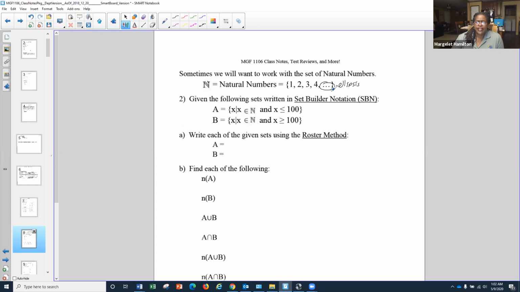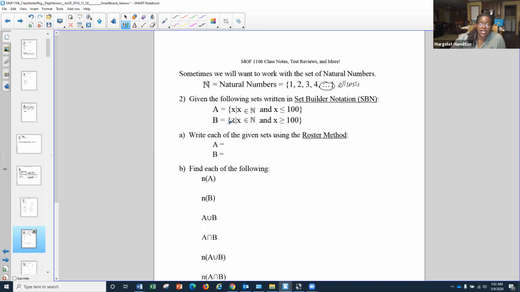Number 2 says, given the following sets written in set builder notation, all right, so SBN represents set builder notation. So they give us A equals, here is read as the set of all x such that x is an element of the natural numbers. And now they're telling us something about x. x is less than or equal to 100.